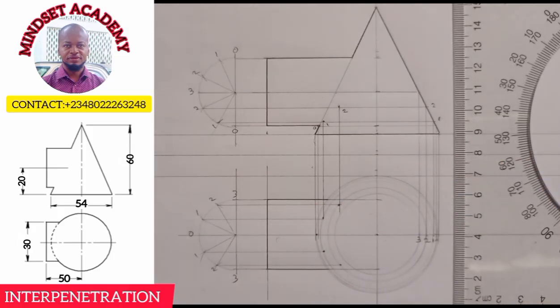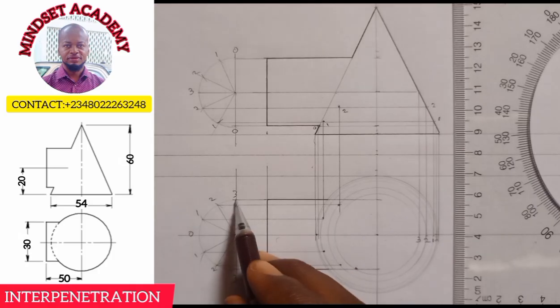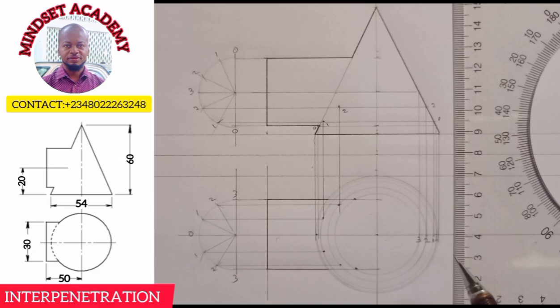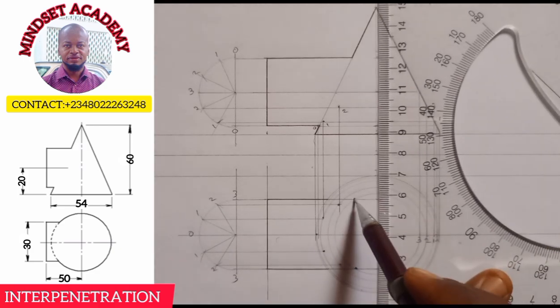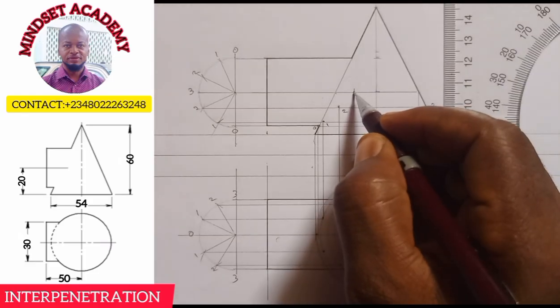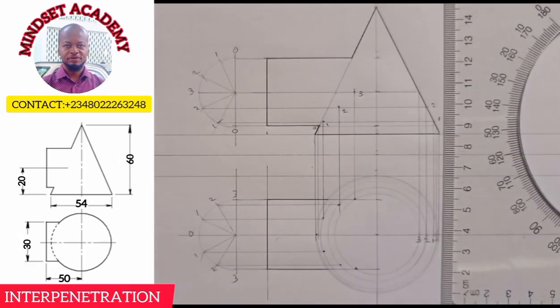Now, where circle 3 meets line 3, this is line 3 here, meeting circle 3 at this point. Another line 3 here is meeting circle 3 at this point. Can you see that? Then I'm going to project it up to touch 3. So this point here is my point 3.